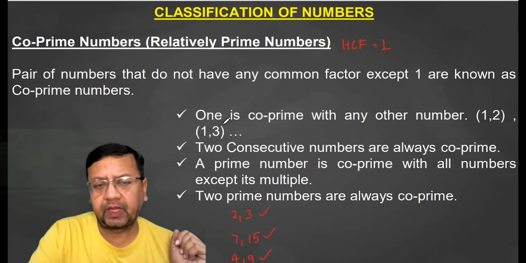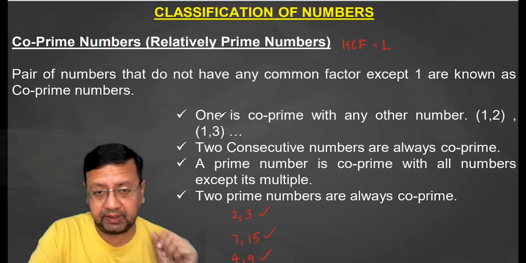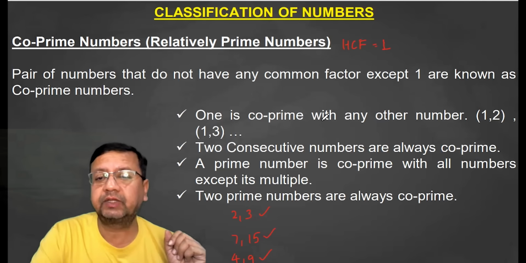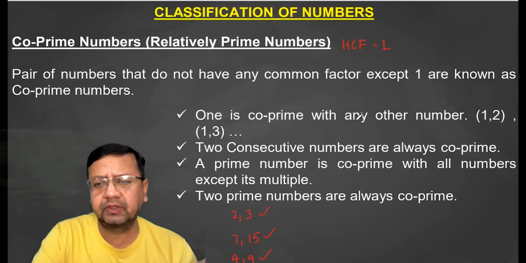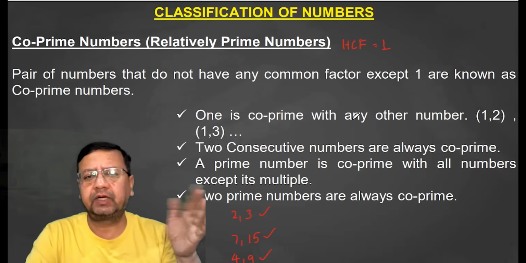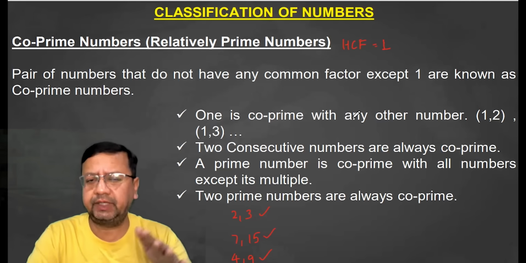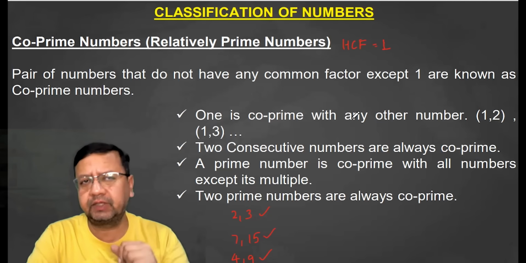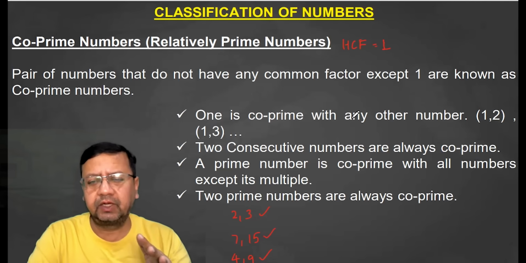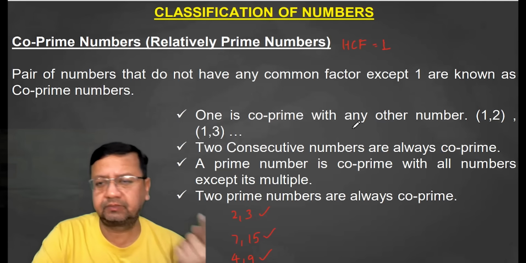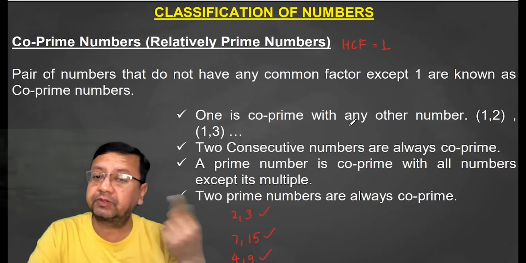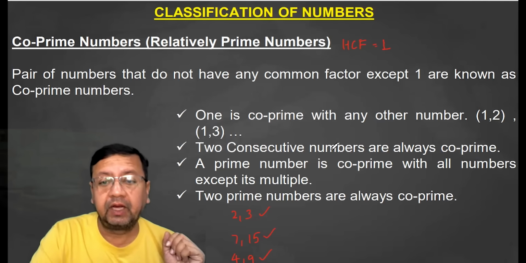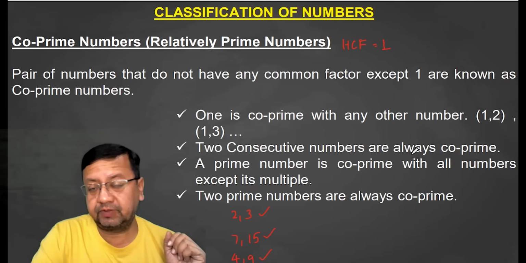So see here, number one is co-prime with any other number. Yes, of course, because take the examples 1 and 2, 1 and 3, 1 and 5, 1 and 11, 1 and 12. What is the highest common factor? 1 only. So 1 is always co-prime with all other numbers. Two consecutive numbers are always co-prime.